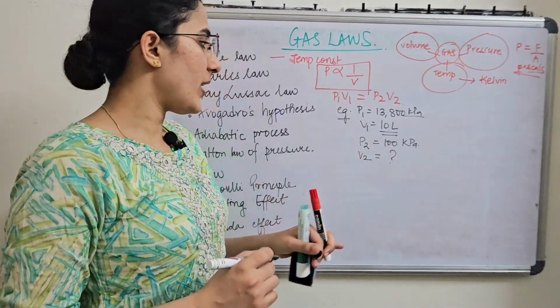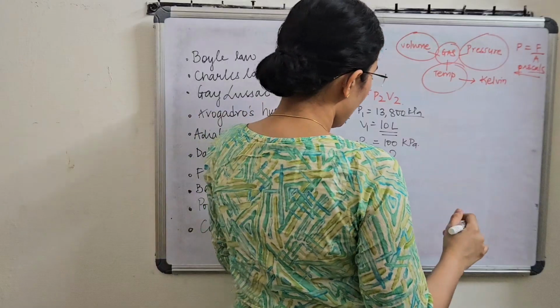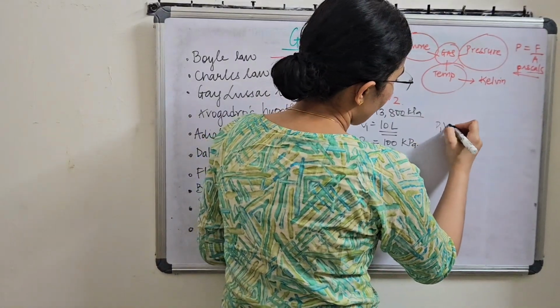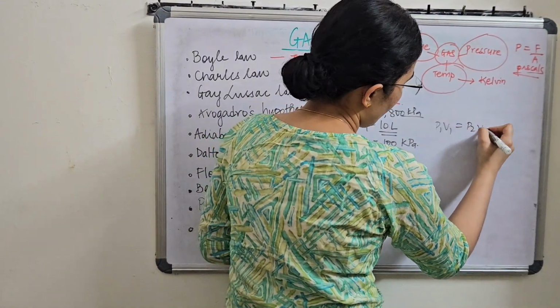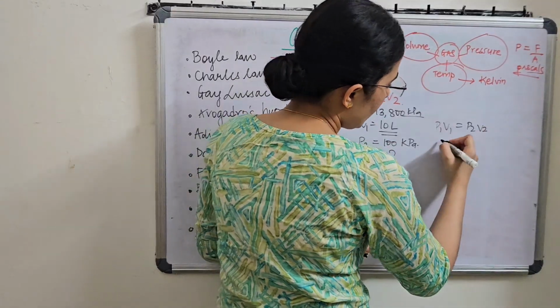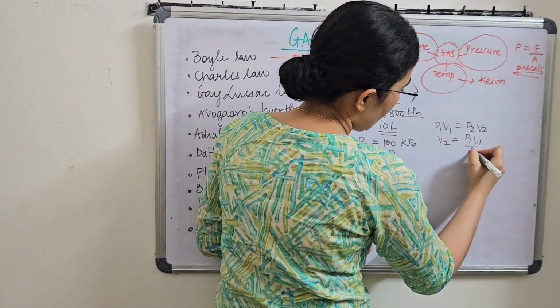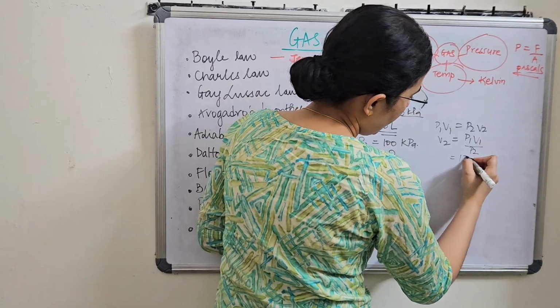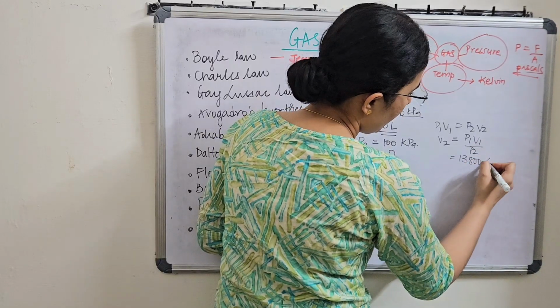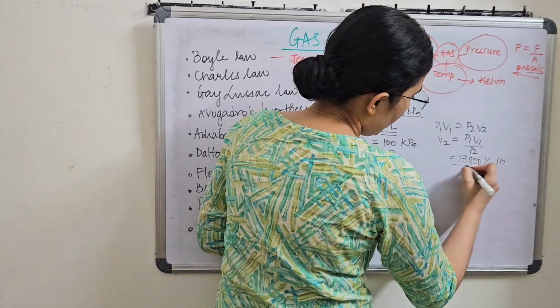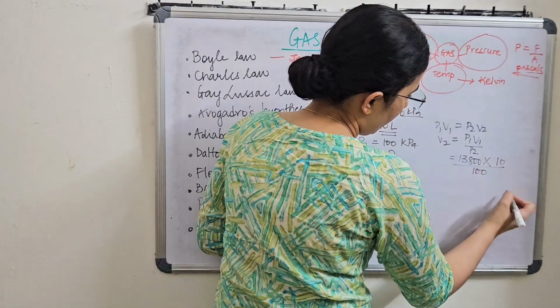If we have to find this out, let's put it into the equation. P1 V1 equals P2 V2. What we have to find is V2. V2 equals P1 V1 by P2. So pressure 1 is 13,800 into V1, which is 10, divided by P2, which is 100.